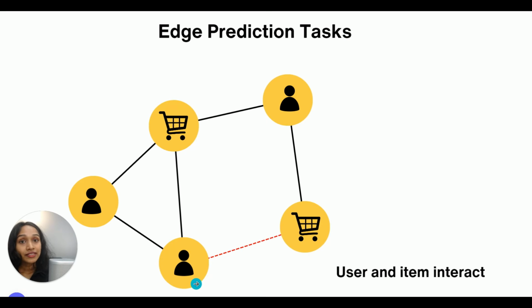So if we can predict the probability of such an edge formation, then we can recommend the product to that user, and we can advertise that product, and we can improve the recommendation system, and we can improve the sales in that platform. So this is an example of an edge prediction task which can be done by using graph neural network.